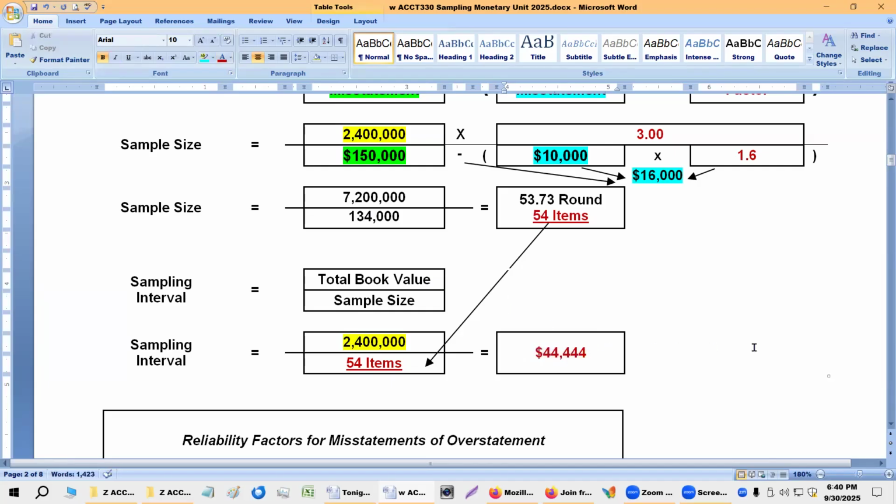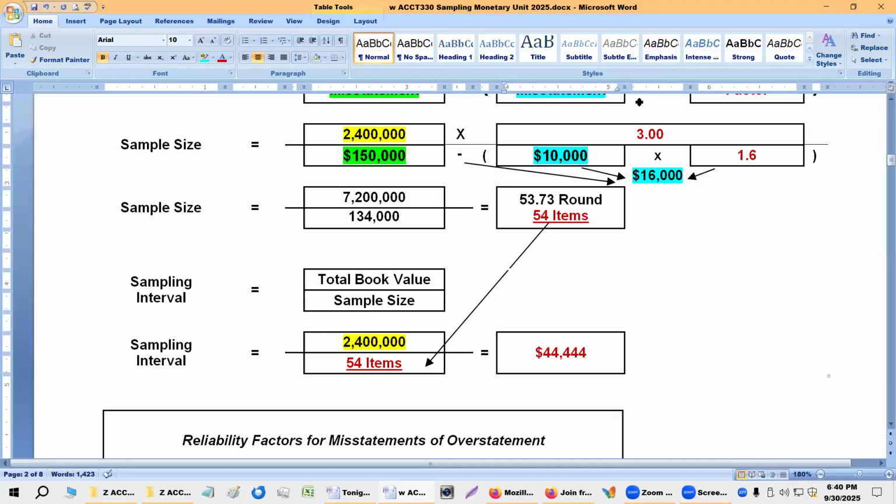So the first item that passes 44,444 is the one we pick. The next one that passes 88,888, the next one we pick. One 133,000, well, you get the idea. So every 44,444, we'll pick an item.